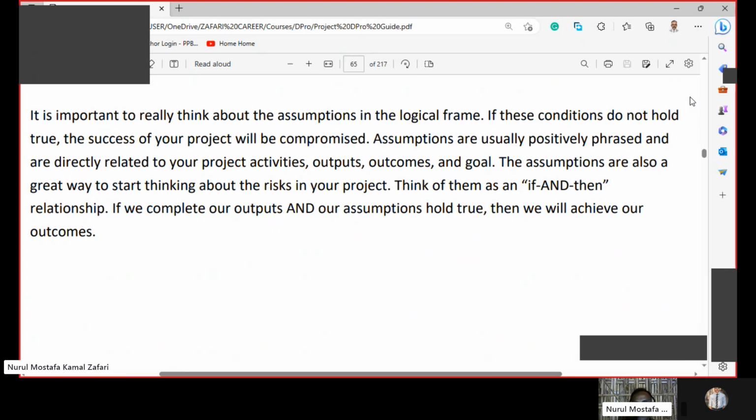The assumptions are also a great way to start thinking about the risks in your project. Think of them as an if-and-then relationship. If we complete our outputs and our assumptions hold true, then we will achieve our outcomes.